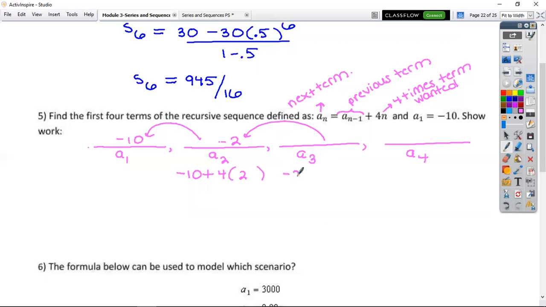So I do negative 2 plus 4 times the term I want is 3. So this would be negative 2 plus 12, which is equal to 10. Once more. So I do 10 plus 4 times 4. So final result for term 4 is 26. Everyone feel comfortable there? Great. Next.